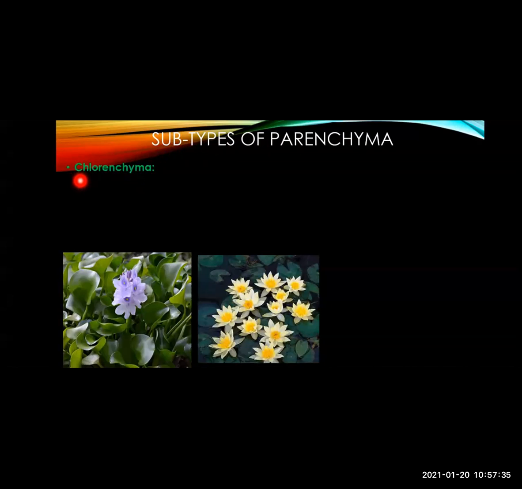Chloro means having chlorophyll. You all know chlorophyll pigment, the green pigment that is present in the leaves. So, the parenchyma cells which are rich in chlorophyll content are known as chlorenchyma. I'll repeat it again.